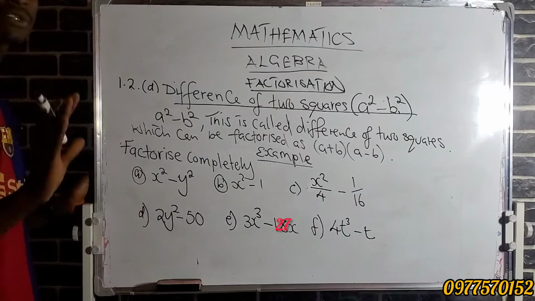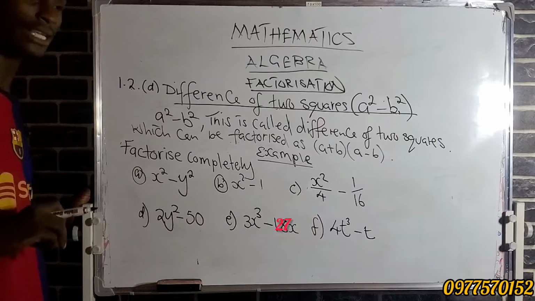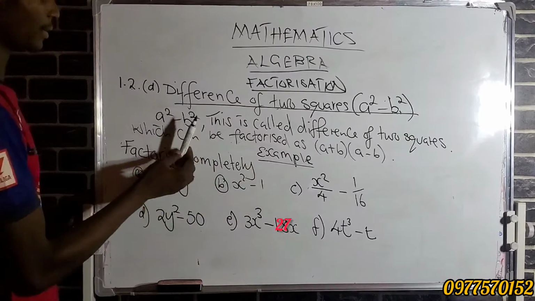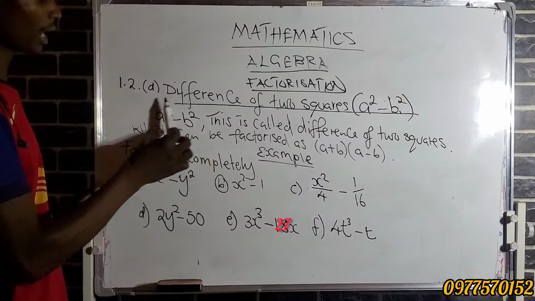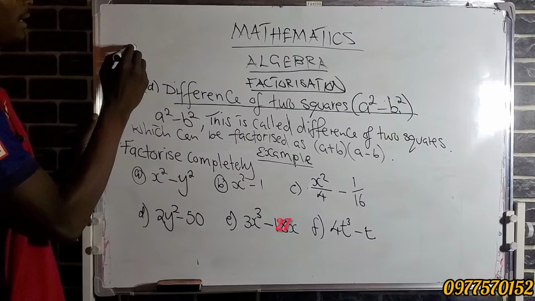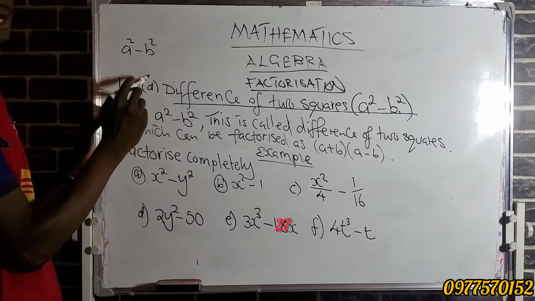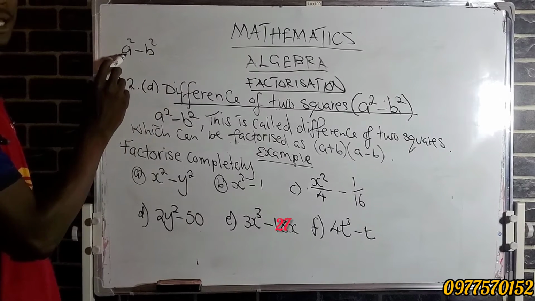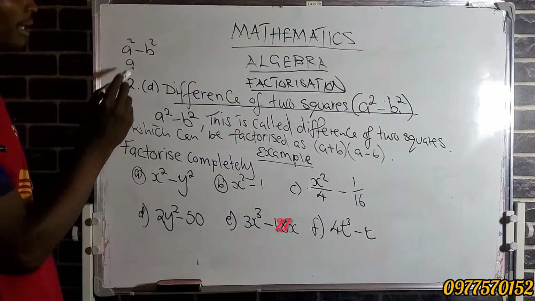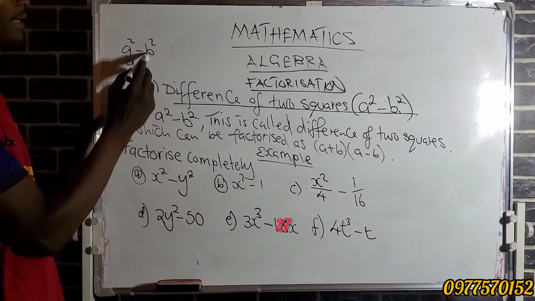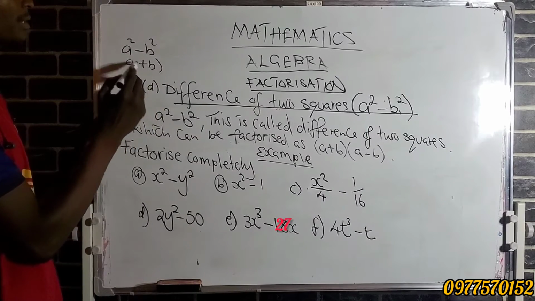Now, a difference of two squares can be factorized like this. Out of A squared minus B squared, write one of the A's, then use the plus, then one of the B's, and put it in brackets.